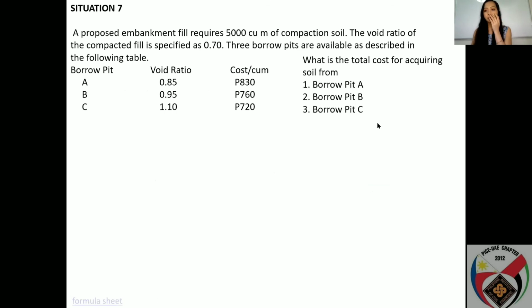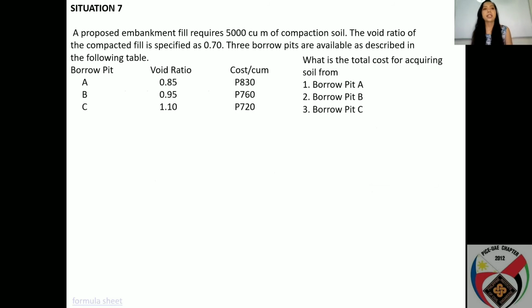Situation 7: a proposed embankment fill requires 5,000 cubic meters of compacted soil. The void ratio of the compacted fill is specified as 0.70. What is given to us is the embankment fill requirement and the void ratio of the site. Three borrow pits are available as described in the following table.